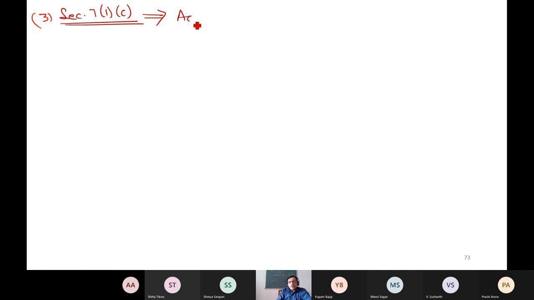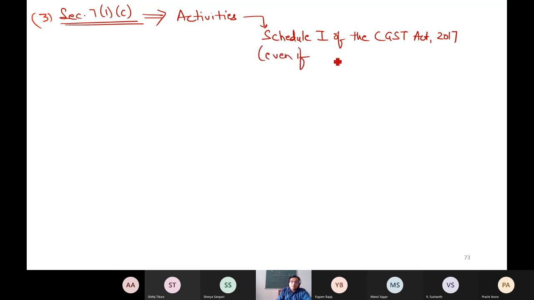Now it says that all activities which are written in Schedule 1 of the CGST Act, even if made without consideration, that consideration is not necessary.